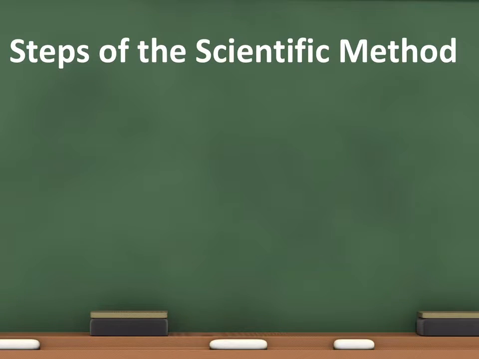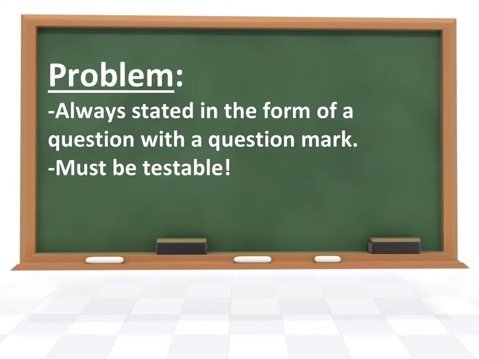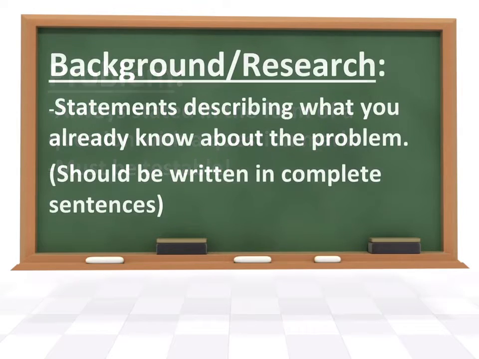So here's our steps of the scientific method. So problem is our first step, always stated in the form of a question with a question mark. It must always be testable. So remember that with the problem there. So background research, statements describing what you already know about the problem.